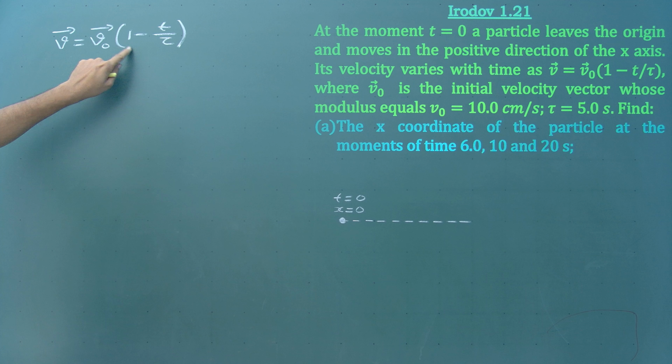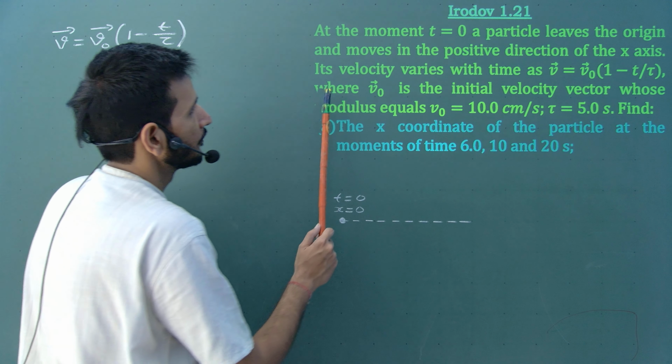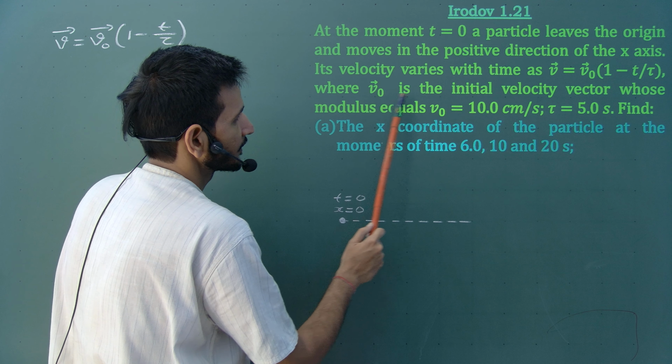Its velocity varies with time as vector v equal to v naught vector into (1 minus t by tau), where v naught vector is the initial velocity vector. So the particle has initial velocity v naught.